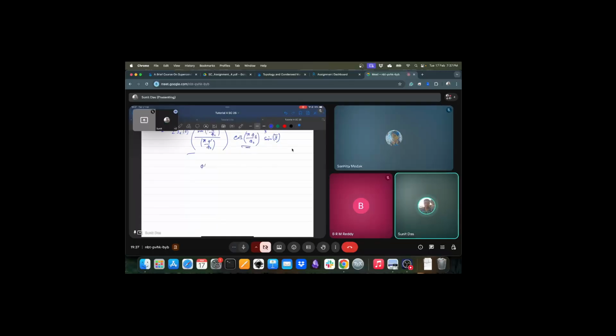Phi prime, in a different color, is the magnetic flux enclosed in each Josephson junction.